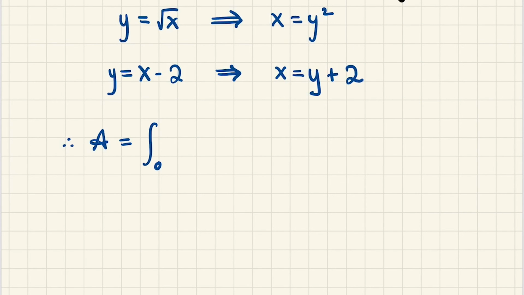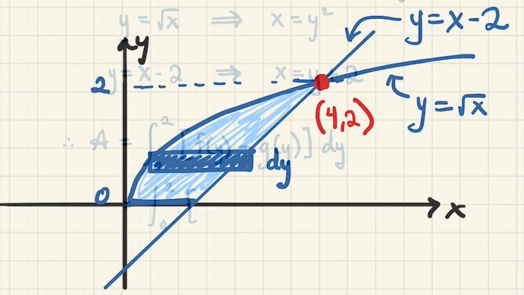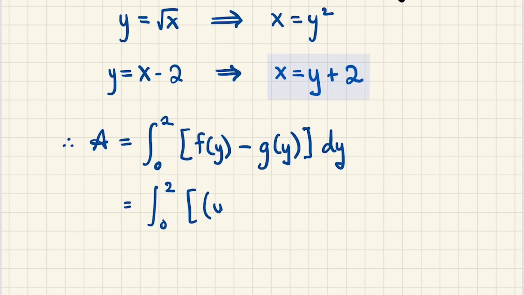So our setup here is 0 to 2, rightmost function minus leftmost function dy. So that 0 to 2, the rightmost function here we can see is the line, which is given by x equals y plus 2.